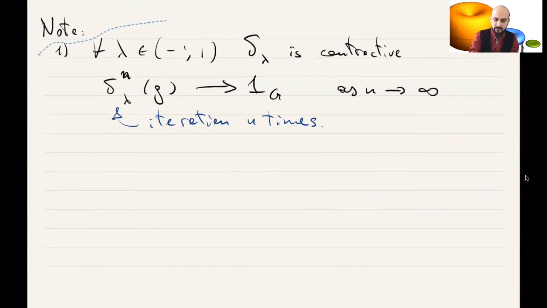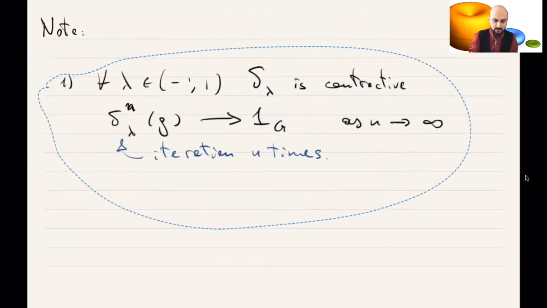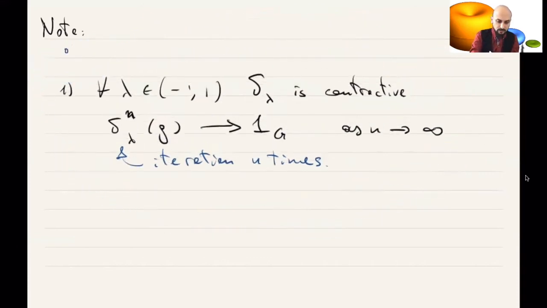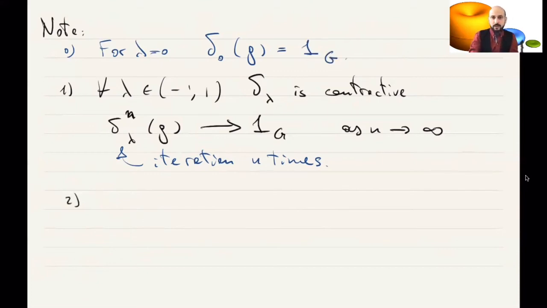Maybe before that, I should have said what happens when lambda is 0. For lambda equal to 0, delta 0 of every point is just the identity of the group. So it's the constant. And what happens if lambda now has norm greater than 1?